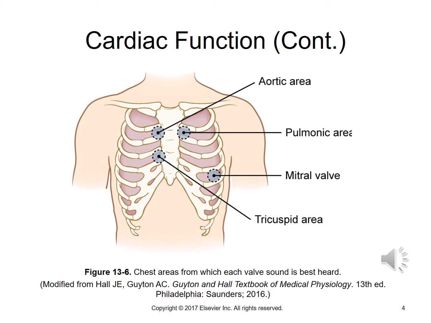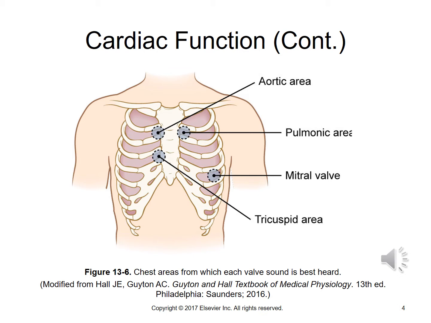The vibrations produced by vascular walls, flowing blood, heart muscle, and heart valves create sound waves. And so those are the different places where you'll be listening for those sounds. The first and second heart sounds are best heard with the diaphragm of the stethoscope, whereas the third and fourth sounds are best heard with the bell of the stethoscope.